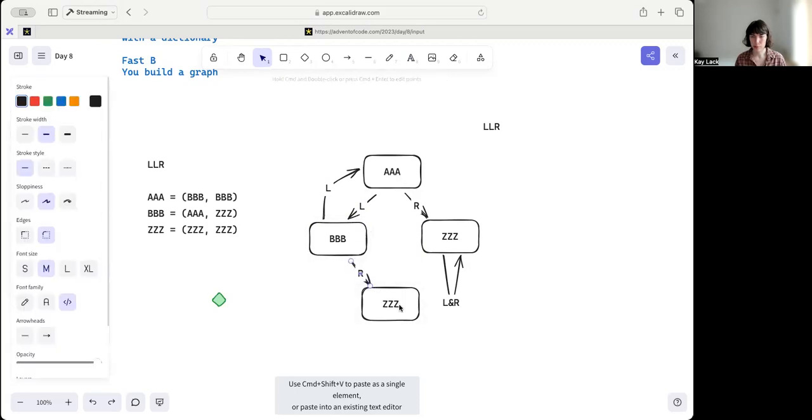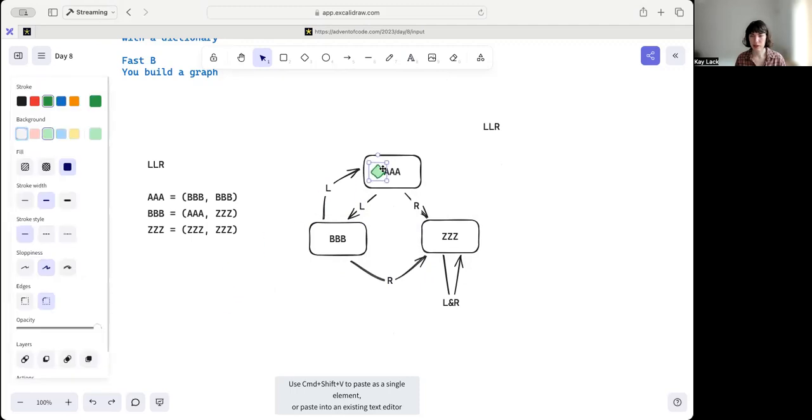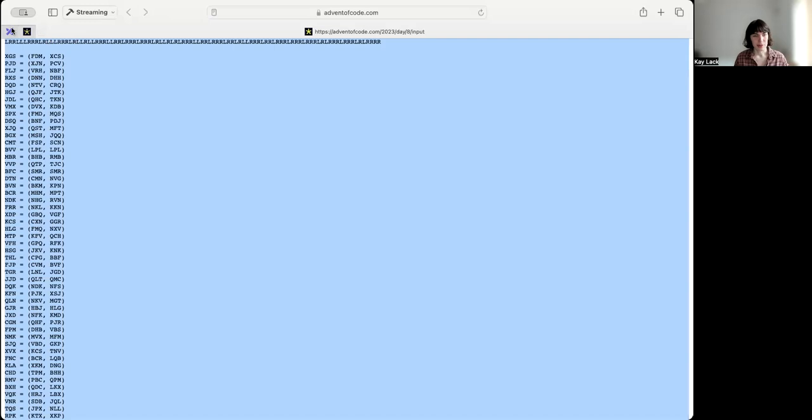Yeah, so not modeling it as a tree, in fact, modeling it as this. So we start off at A, we go left, we get to B, we go left, we get to A, we go right, we get to Z. So we kind of go around the graph. Walk it, I suppose. And then we just got to do it with this.